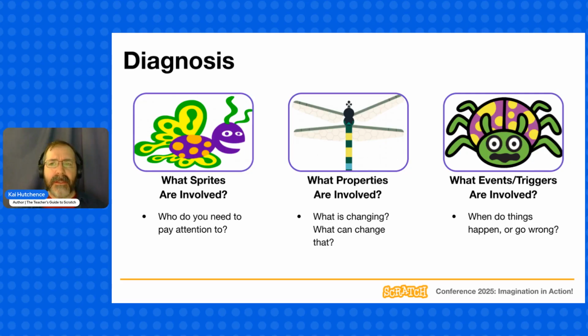So is it a problem with how the sprite looks? Is it the wrong color? Is it not showing up? Oh, okay. That could be about visibility or the color being used to draw it. So, we could maybe narrow the field down to just the looks category. Okay, that's going to really help.